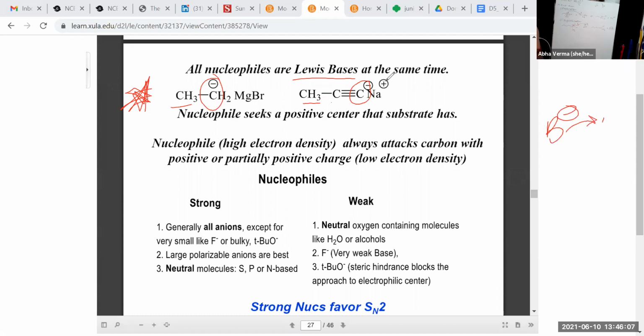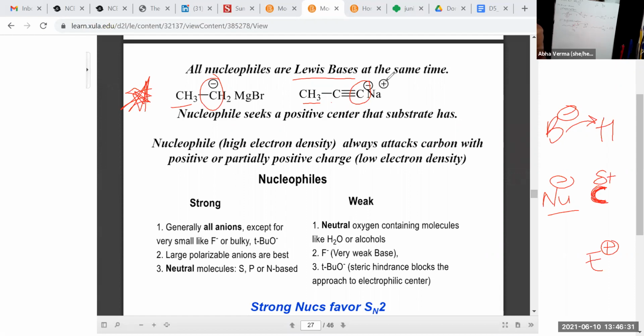So basic molecules go and abstract the acidic site, whereas a nucleophile will go and attack an electrophilic site. So a nucleophile is electron rich, an electrophile is electron poor.